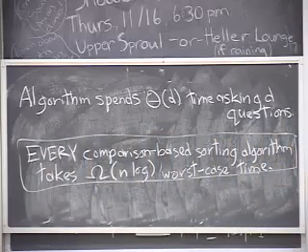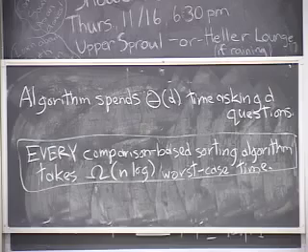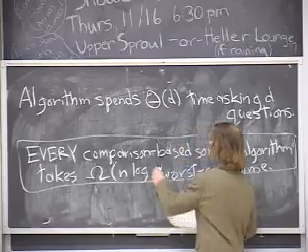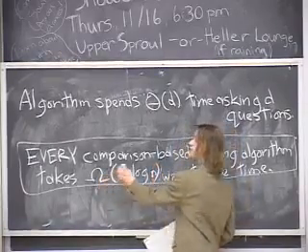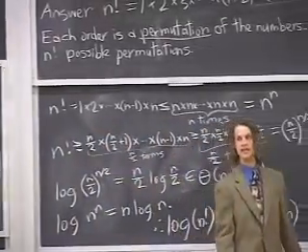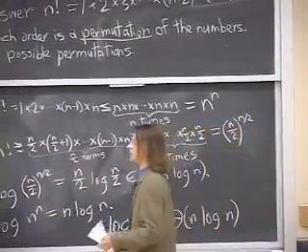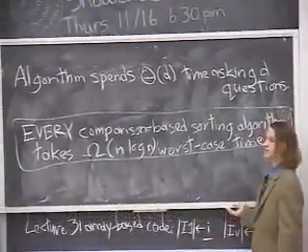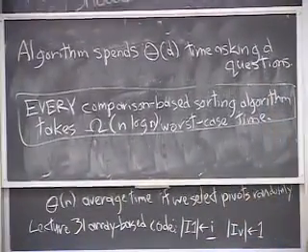Notice that that's an omega. Since this is an omega, of course, there can be algorithms that run slower, like selection sort. But if they want an algorithm that runs faster, it can't be comparison-based.